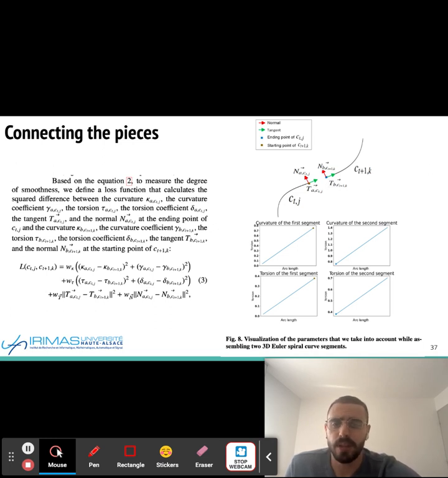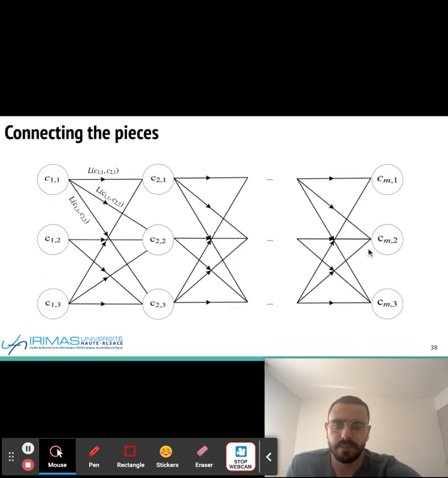By that, we can measure how smoothly two pieces could be assembled to each other. Therefore, we create a cost function, which is a sum of the loss function between the pairs of consecutive candidates.